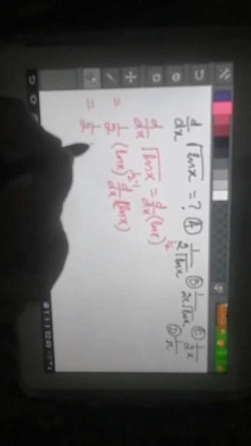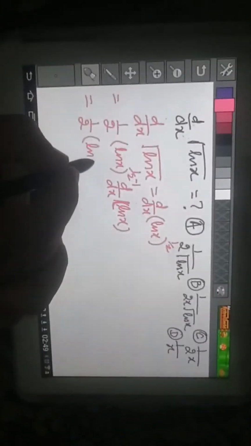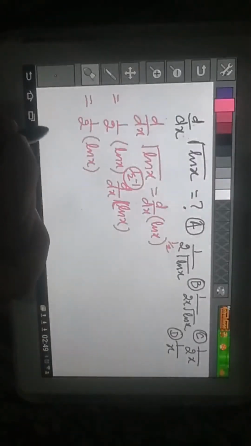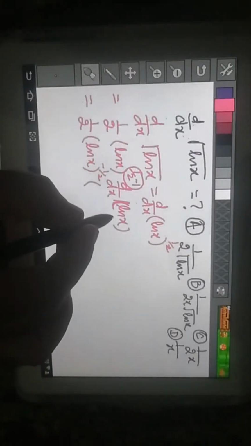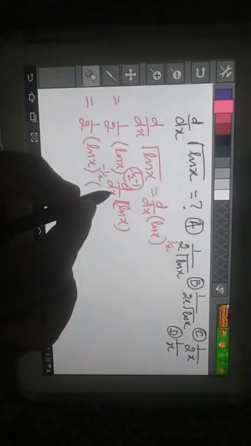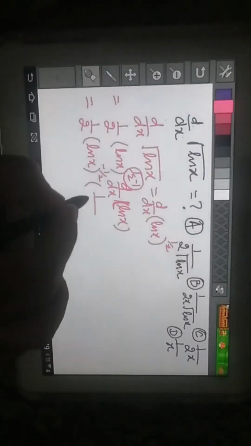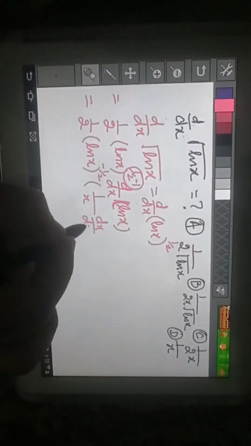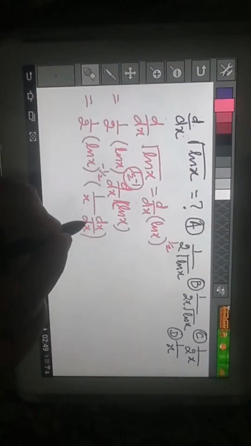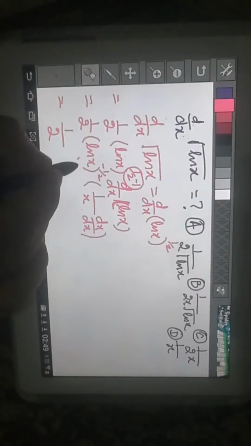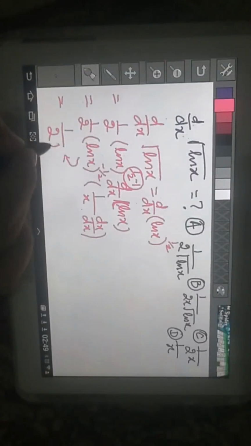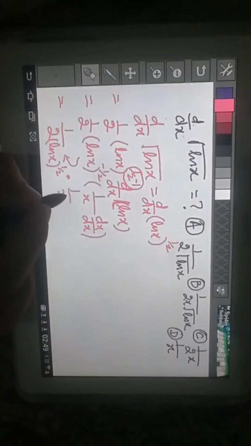I hope that you also love mathematics. Natural log of x, this simplification: 1 by 2 minus 1 is minus 1 by 2. And the derivative of natural log of x is 1 by x times dx by dx, which will become 1. So it is 1 by 2. If we shift it to the denominator, it will be with the positive power. And here it is 1 by x, and dx by dx is 1.